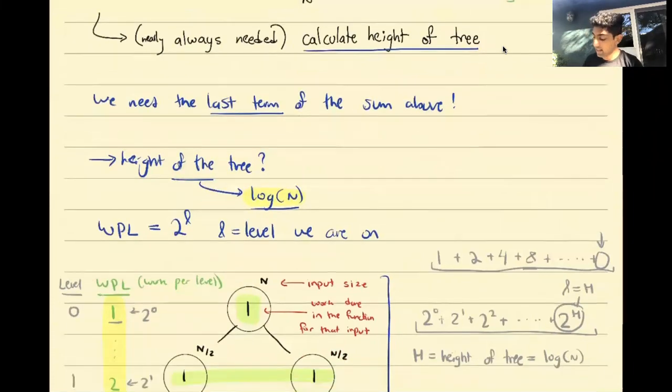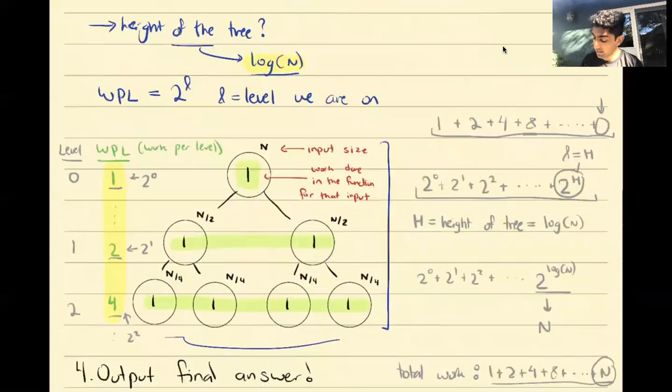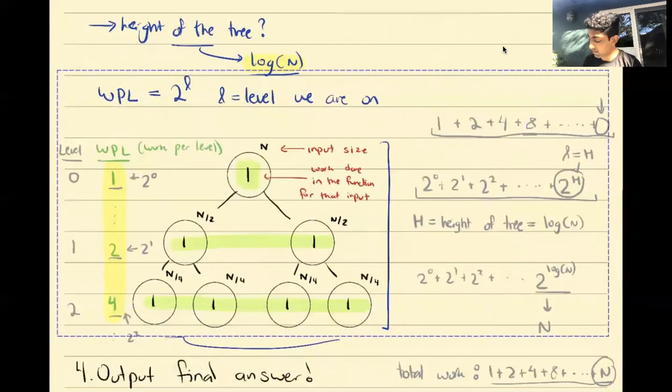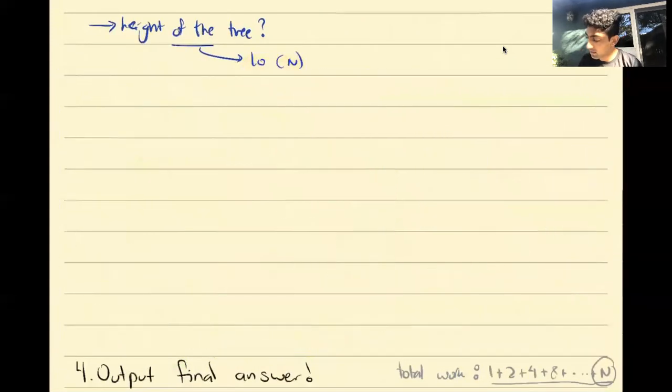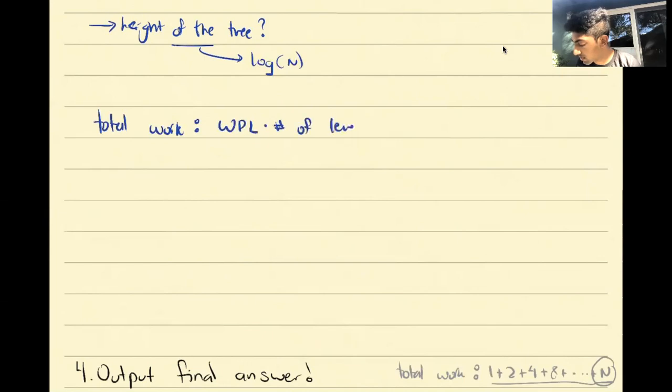If the height of the tree is log n, and we're doing n work per level, the total work in this case is going to be equal to the work done per level times the number of levels, which is the same as the height.